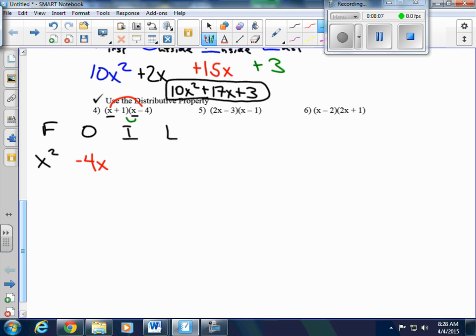Right there. 1x. And the two last terms. Oops. The two last terms. Negative 4. So then we put our like terms together. We get x squared minus 3x minus 4.